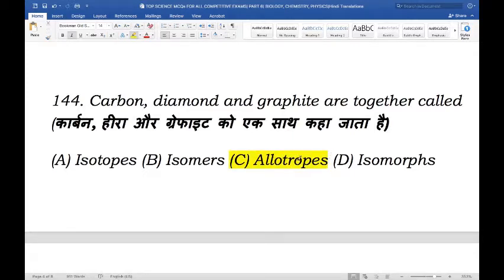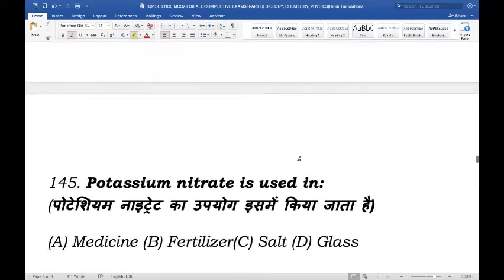Allotropy is the existence of a chemical element in two or more forms, which may differ in arrangement of atoms in a crystalline solid, or in the occurrence of molecules that contain different numbers of atoms. So carbon, diamond, and graphite are the three allotropes of carbon.